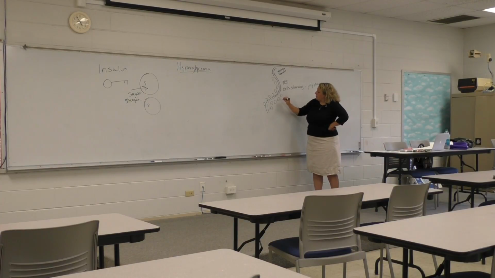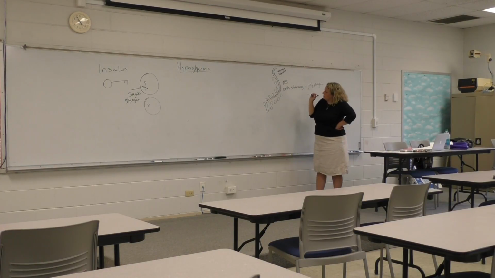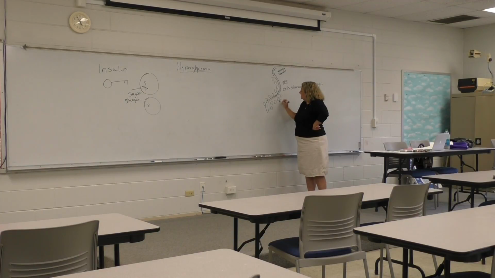So then what happens? Well, look at all this. Look how sugary this is. So what's going to happen? I'm going to start pulling. What am I going to start pulling? I'm going to start pulling fluids, right? Because we have to make this even.